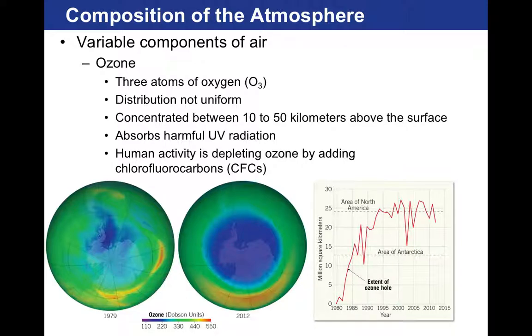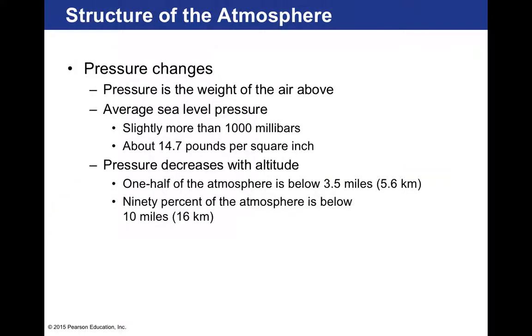And human activity is depleting this ozone layer by adding what are called CFCs, or chlorofluorocarbons, to the atmosphere. These CFCs tend to deplete ozone, and you can understand how that could be a bad thing. If we deplete the ozone in our atmosphere, it's going to stop the ability of the Earth to block UV radiation from the sun. And if we have more UV radiation coming down to the surface of the Earth, that could have detrimental effects to humans.